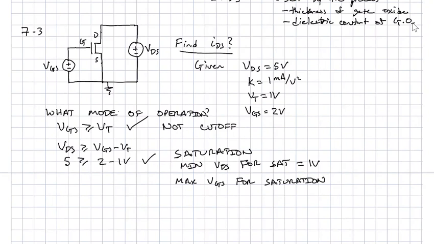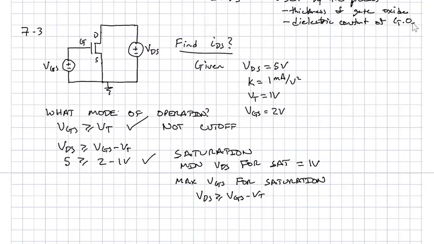So the minimum VGS is what we already said: it's got to be greater than or equal to VT or we get no current. So we know that one off the bat. What's the maximum VGS for saturation? Well, we still have to say VDS is greater than or equal to VGS minus VT, and we know now that our maximum VDS is 5 volts.